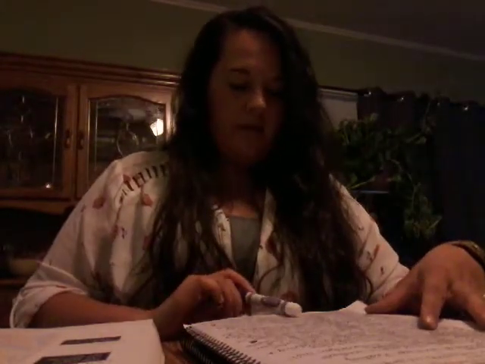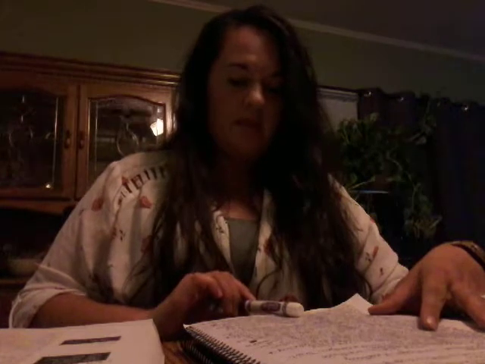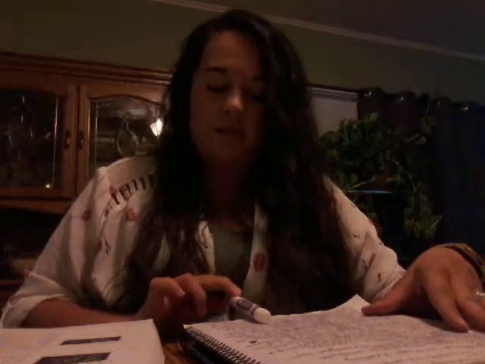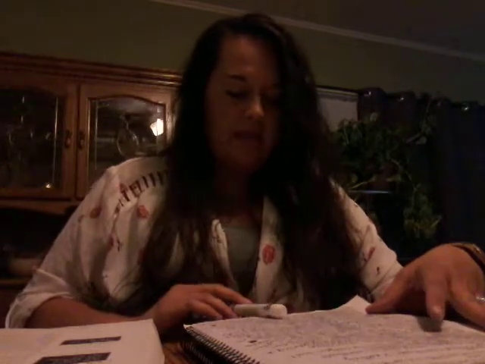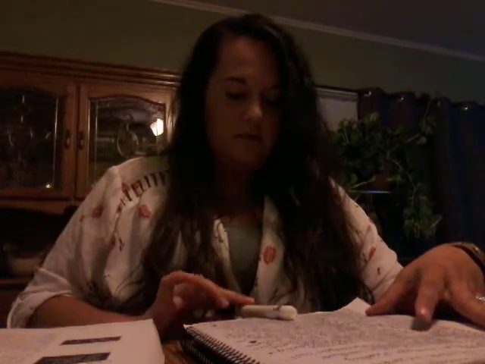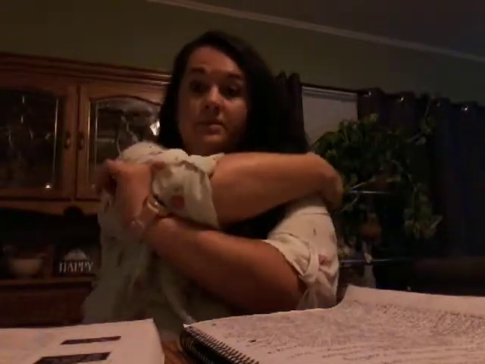And I want you to write down the things that you do know in this reading, and also your predictions. And remember, you're going to be doing this with a partner.